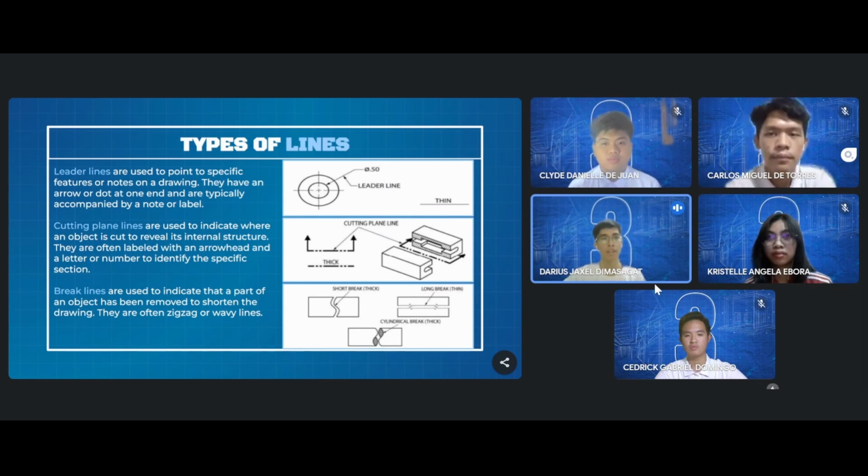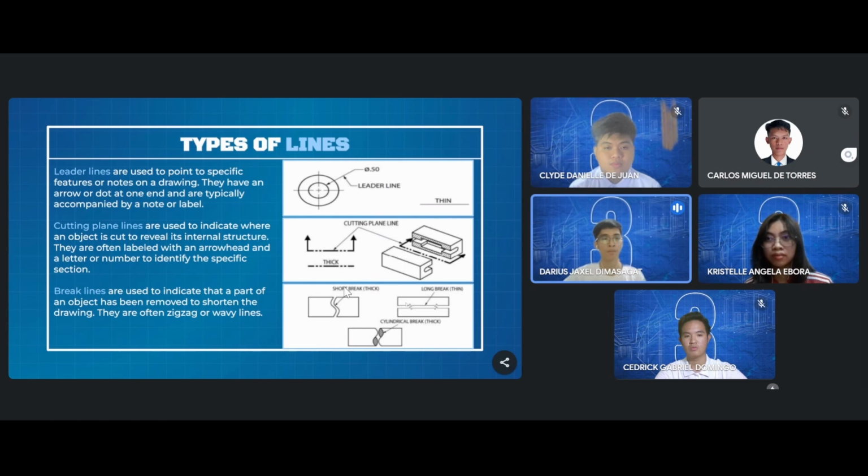And we also have break lines. These lines signify that a portion of an object is omitted to simplify the drawing, often represented by zigzag or wave lines. So there are three kinds of break lines used in drawings.